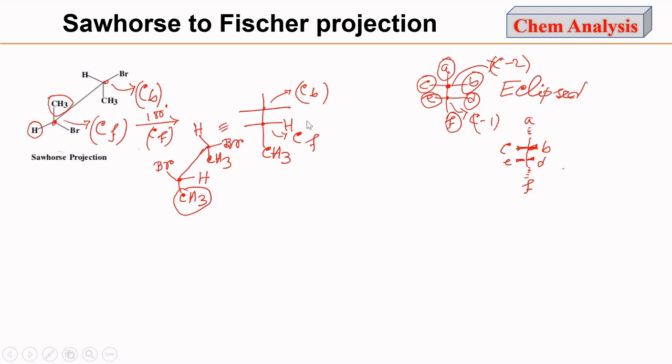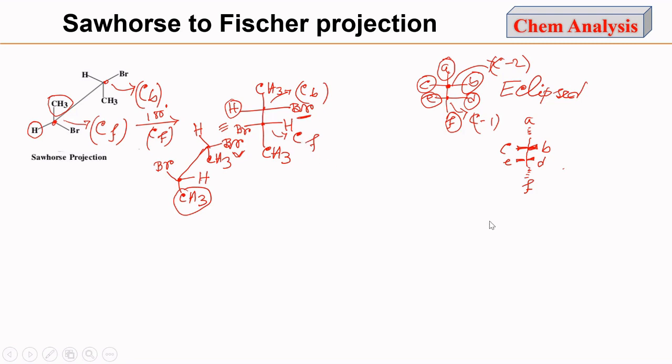So in the Fischer projection formula, those two groups will be on the right side, and the group which is on the left side in the Sawhorse projection formula will be on the left side in the Fischer structure. So here will be bromine, and in the back carbon we can see that methyl is below the plane, so methyl will be on the vertical top. On the right side there is a bromine atom, so here is bromine, and on the left side there is a hydrogen atom, so here is hydrogen. So is it clear?